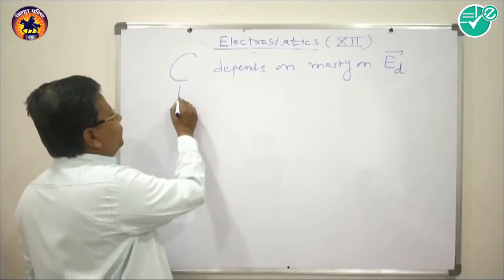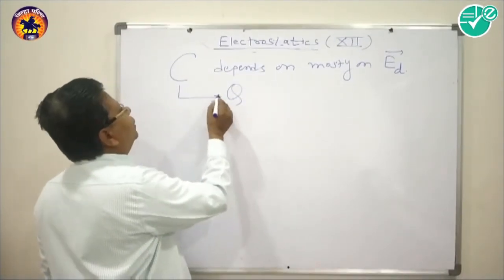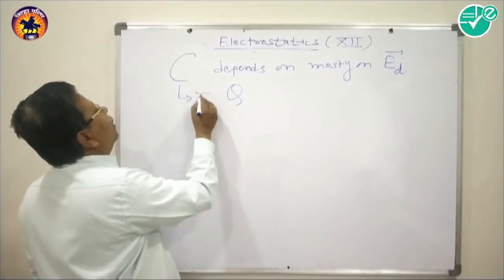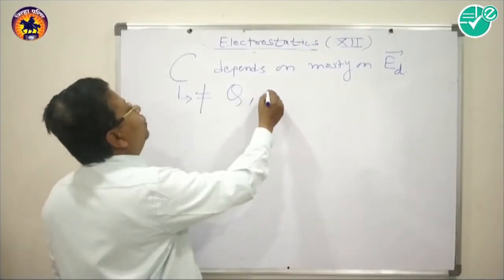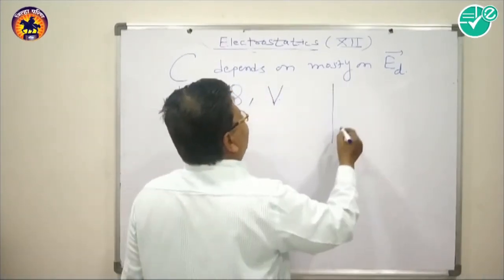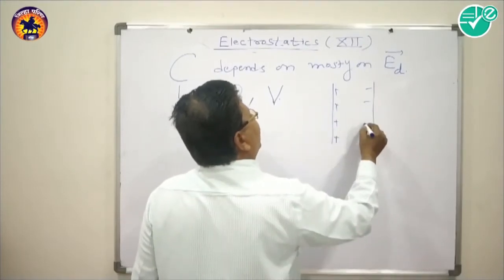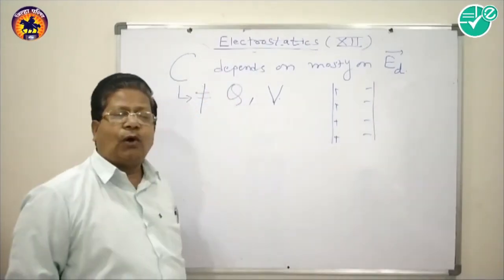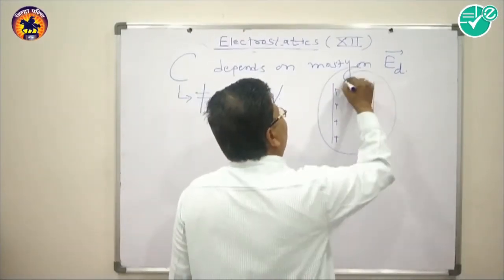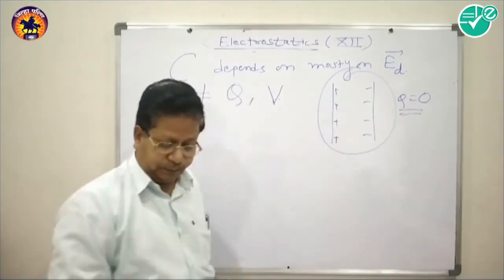And the capacitance of the capacitor, as we have discussed, does not depend on Q or V, because equal and opposite charges are present on the two plates of the conductor, so the resultant charge on the system Q is equal to 0.